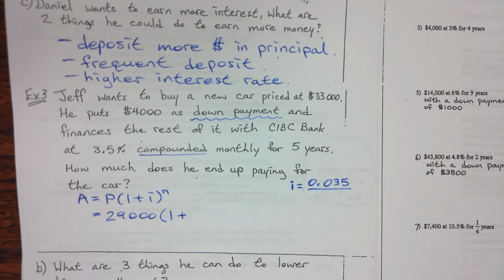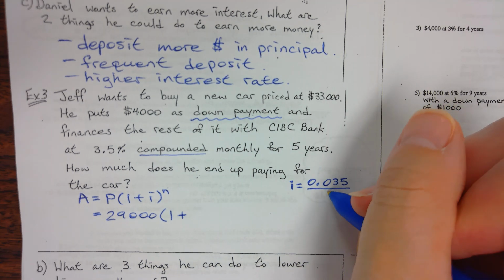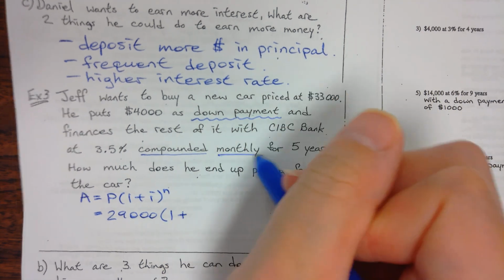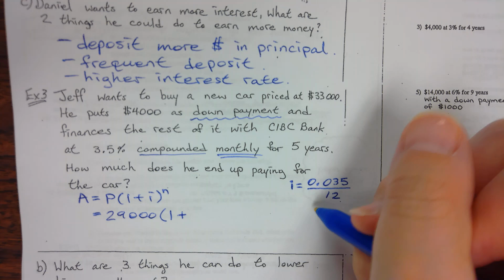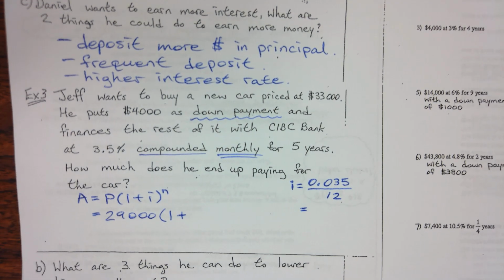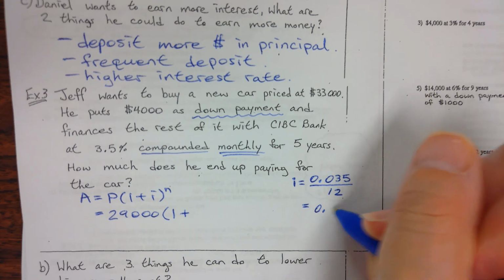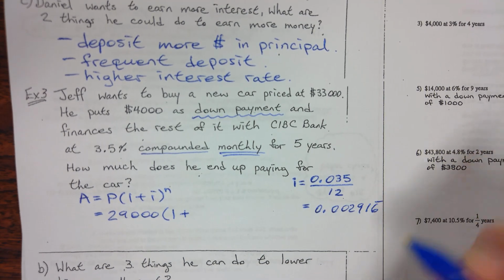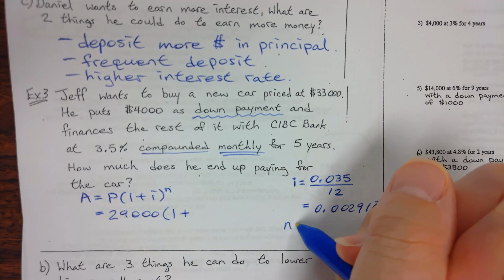You have to divide by 12 because it's monthly. Right? And I get 0.035 divided by 12, 0.002916. Okay. And then n?